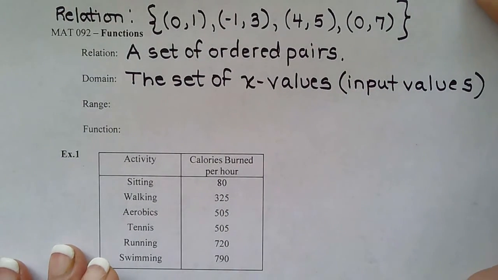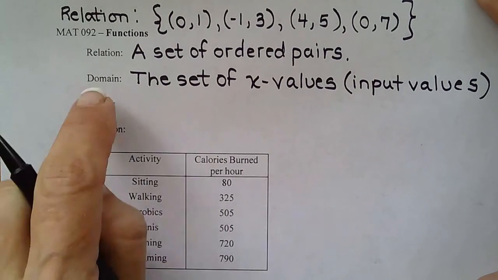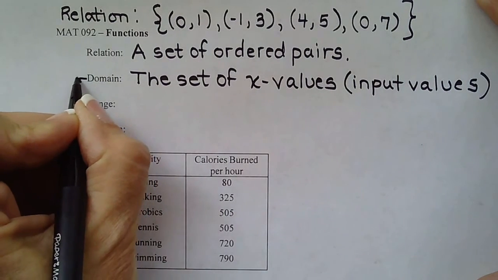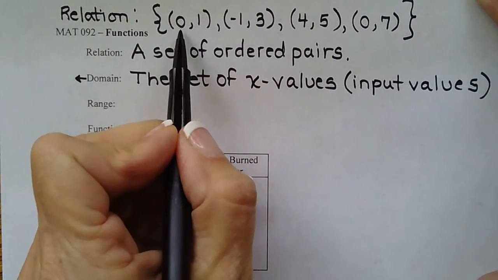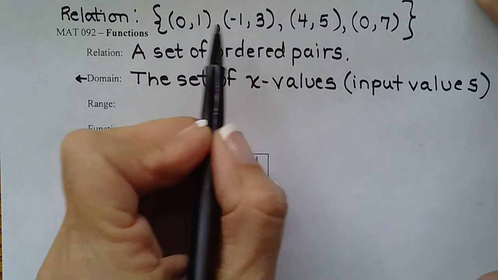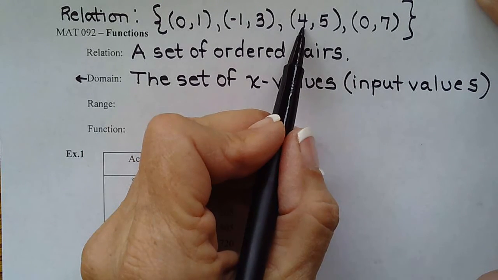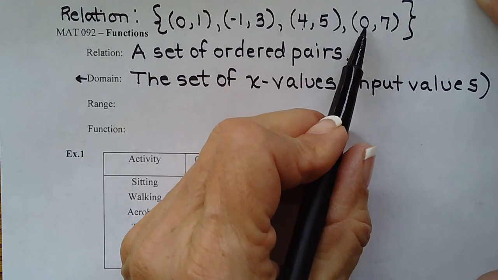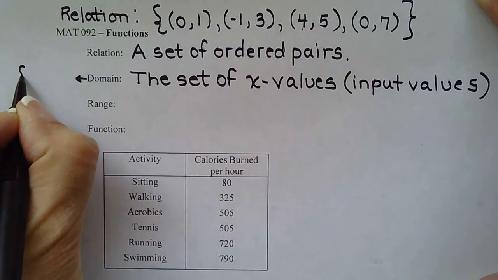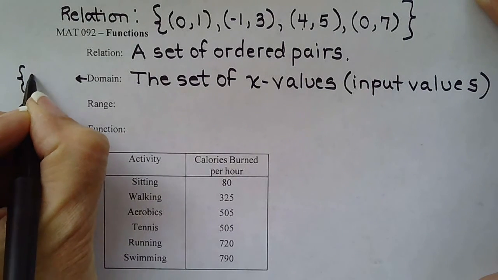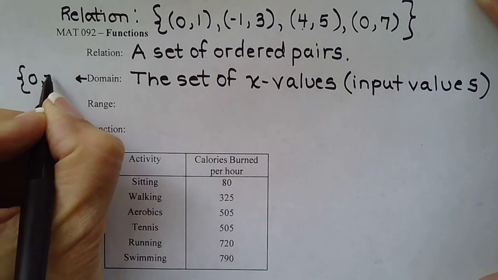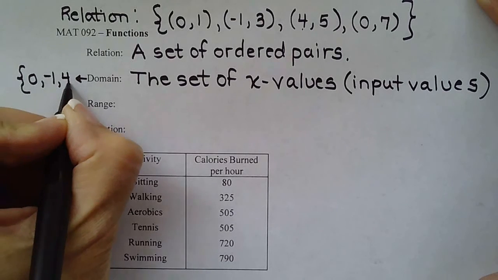So let's look at this set and go over here to the side. What would the domain of that set be? What are the x values? 0, negative 1, 4, and I don't name things twice. I already said 0. So this is what the domain would look like: {0, -1, 4}.